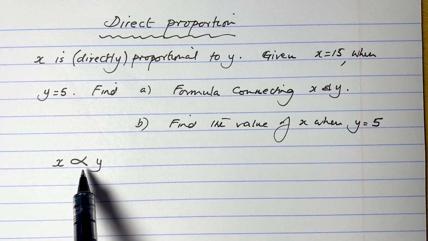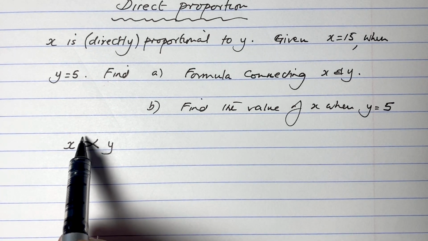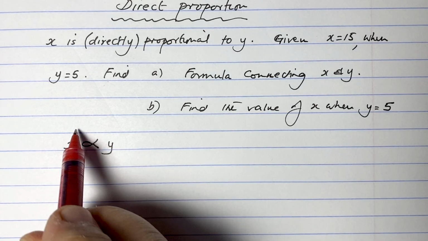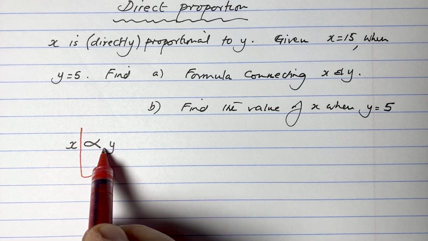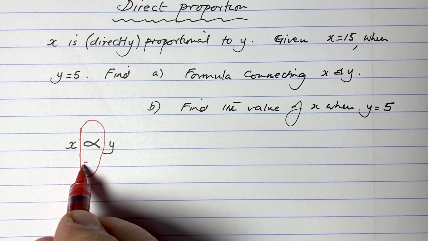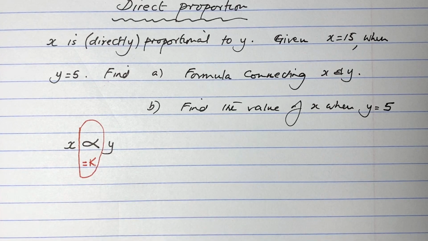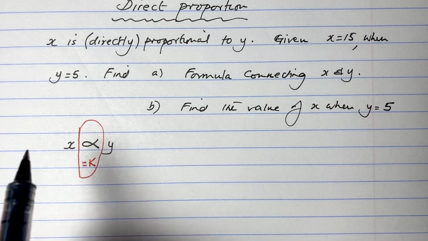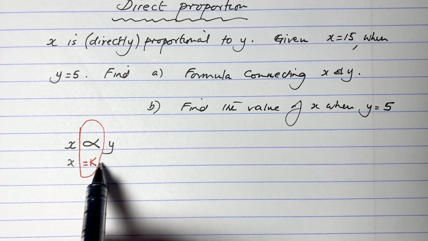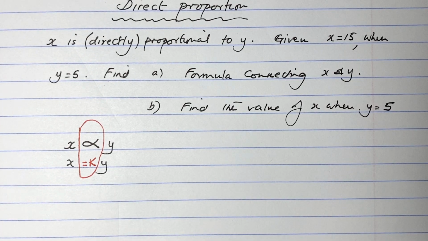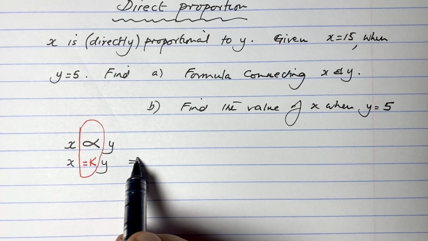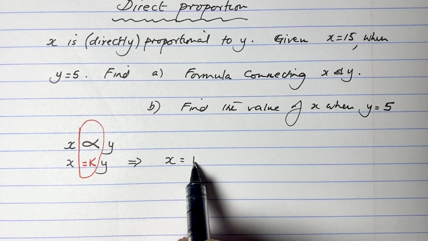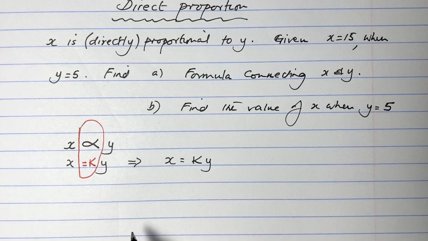In order to use this as a formula, we replace that sign of proportionality with equals k. So we have x equals ky. So I'll write that again: x equals k times y.